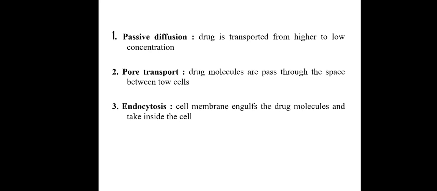For example, drug diffuses across a membrane from a region of high concentration, that means GI fluids, to low concentration, means to the blood. But it also depends on the molecule size, solubility, degree of ionization, and so on. It is also known as simple diffusion.